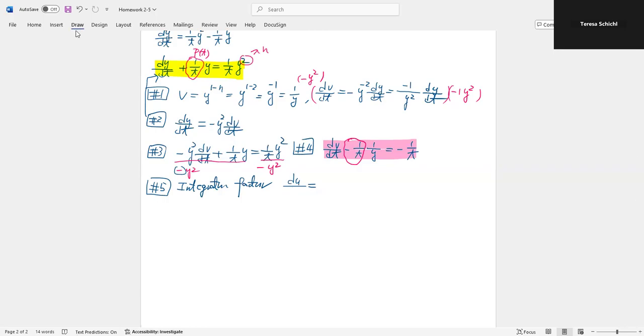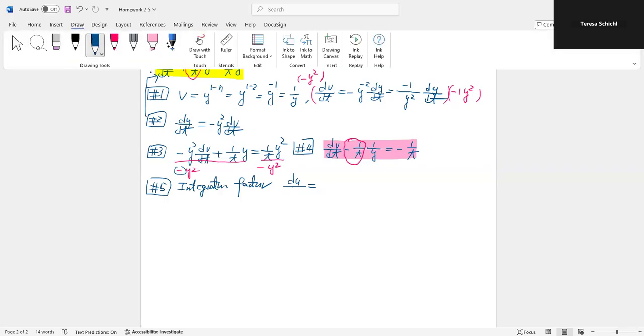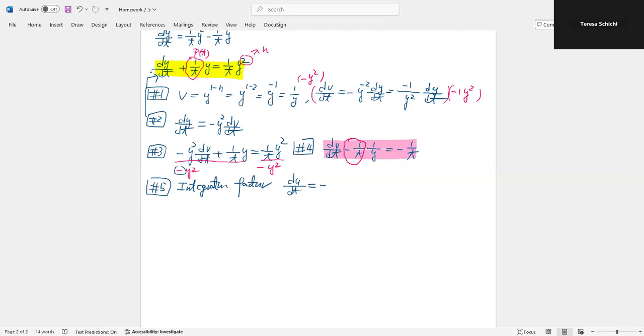Careful. du dt is equal to negative 1 over t times u. I want to solve for u. Then I can use separation, so it's du over u equal to negative 1 over t dt.